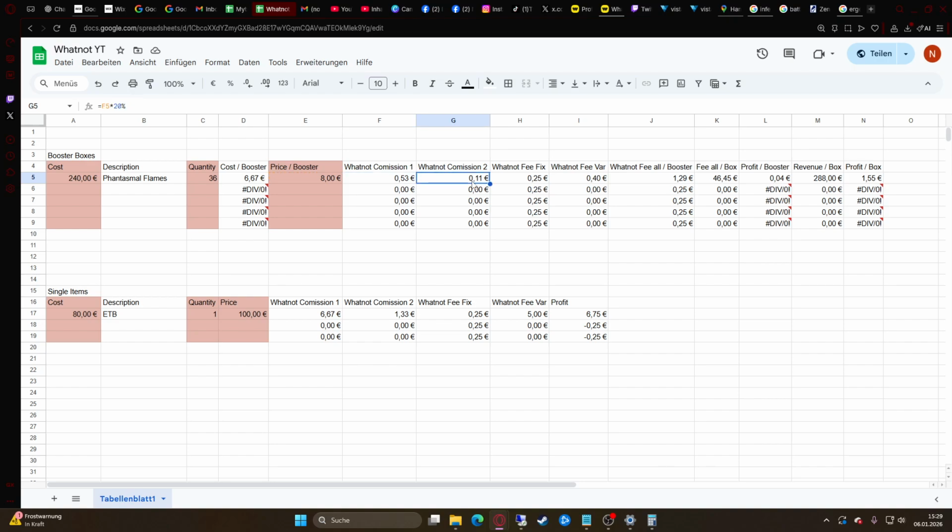Then you would just delete the whole row here. You don't need Whatnot Commission 2. It's just flat out 8%. You would change this fixed cost to 30 instead of 25. And that's pretty much it.